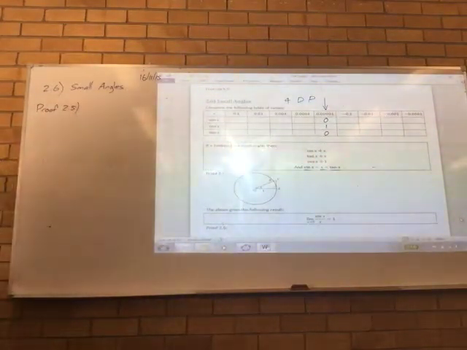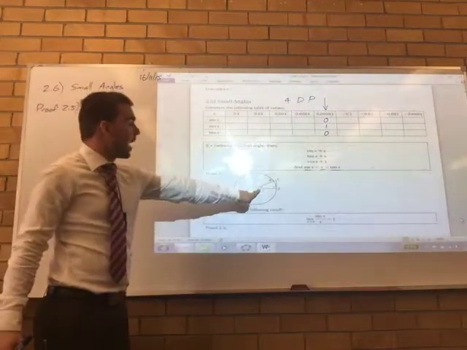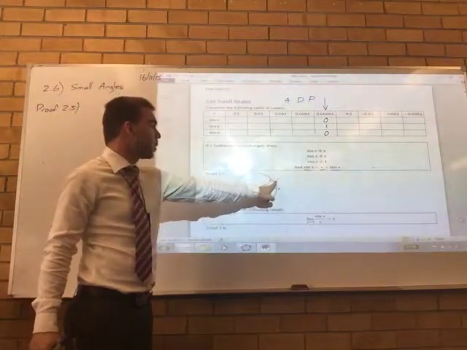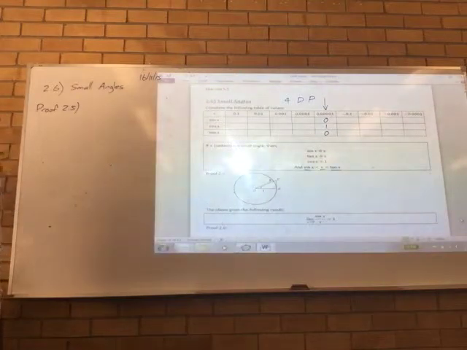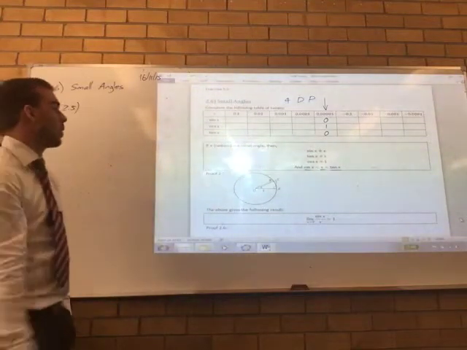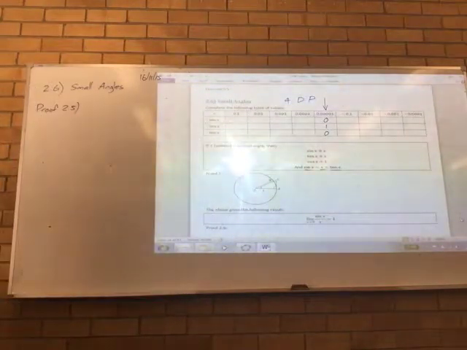Alright, 2.5. So, I've got the circle there, centered at O. We're going to have the radius of the unit circle, so we have a radius of 1. And then we've got a value for x in radians here. So we've got the other part of the radius, OB, and we're going to extend that until we have a right angled triangle at the circumference. That's how we're going to start.